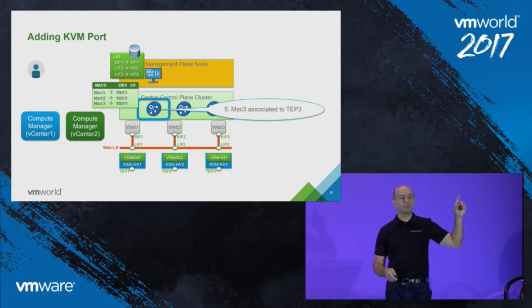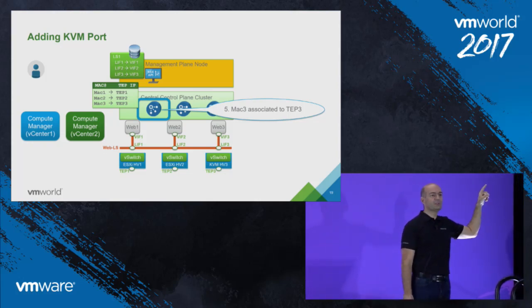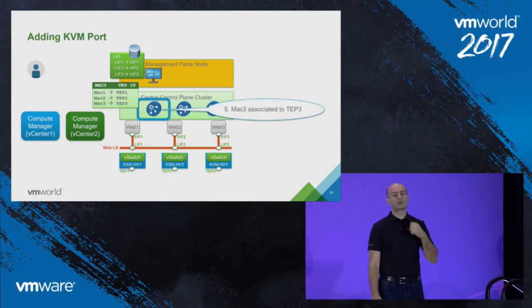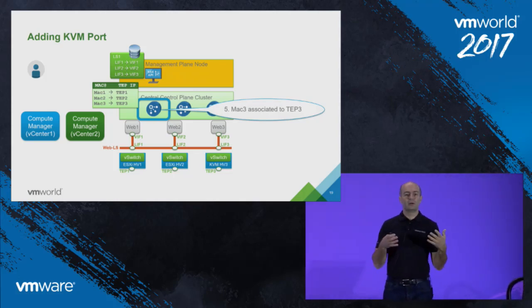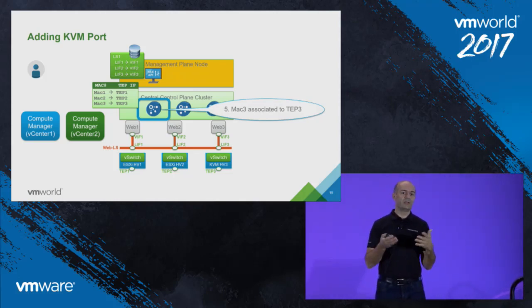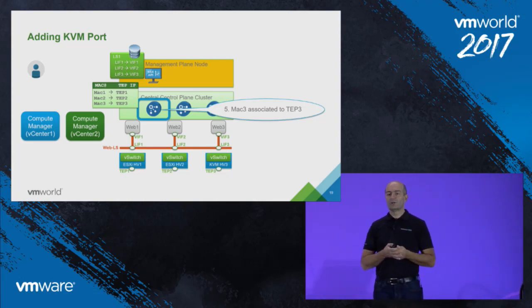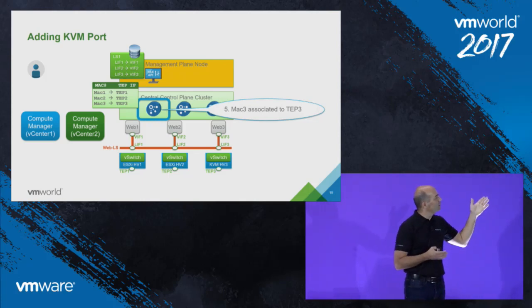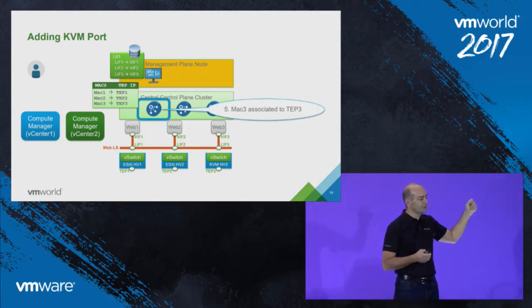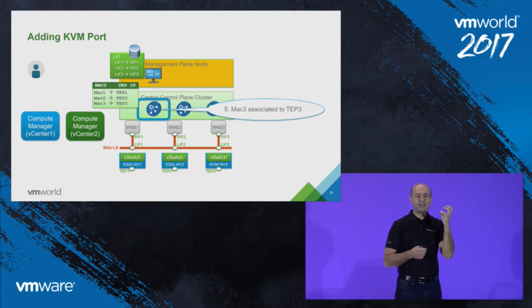So, by the way, I want to stress the difference between the manager and the controller here. The manager knows the configuration of the network. It knows that there are 3 logical ports on this network, LIF1, LIF2, LIF3, and the associated VIF. And the controller knows the association, it knows the dynamic information.